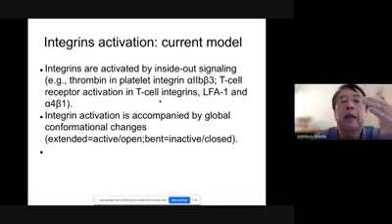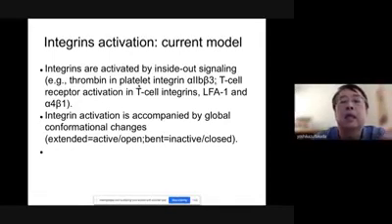So integrins are inactive, and they are supposed to be activated by a platelet agonist like thrombin. Thrombin activates platelet integrin, and at the same time the platelet is activated, and then the thrombosis process starts. Also, T cells are activated by T cell receptor cross-linking.